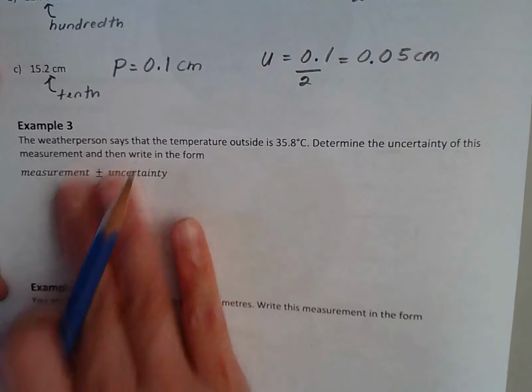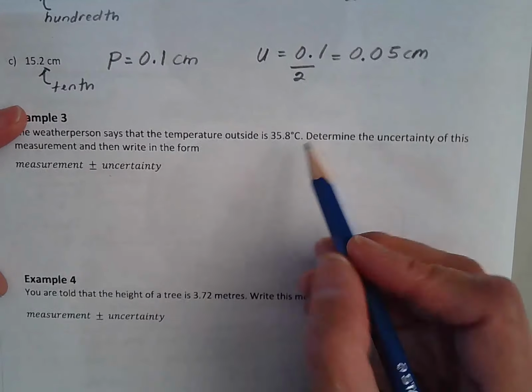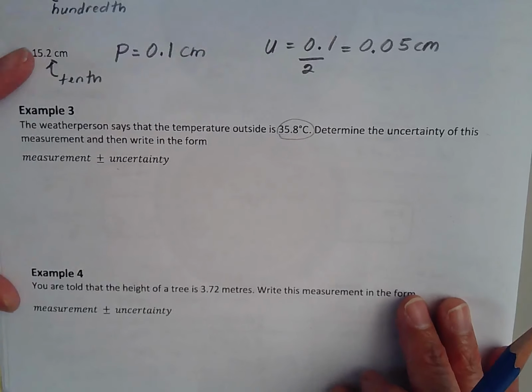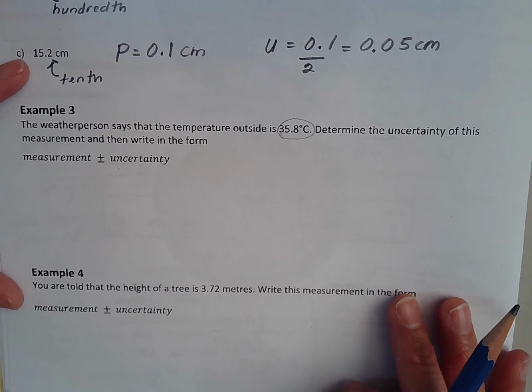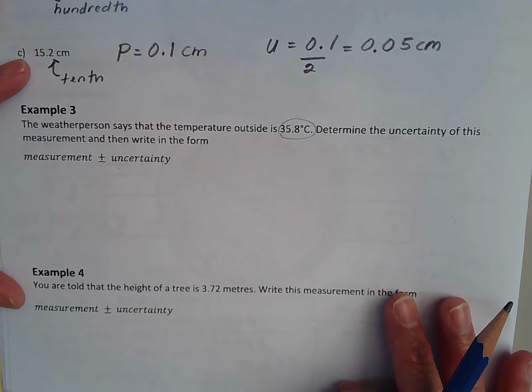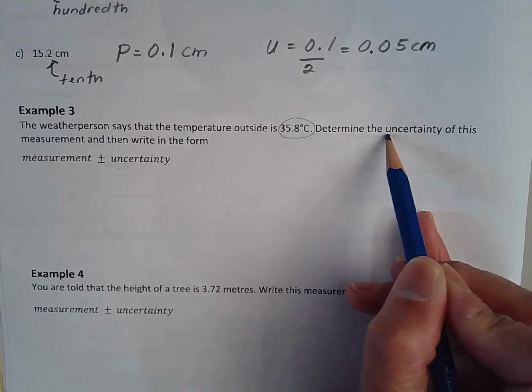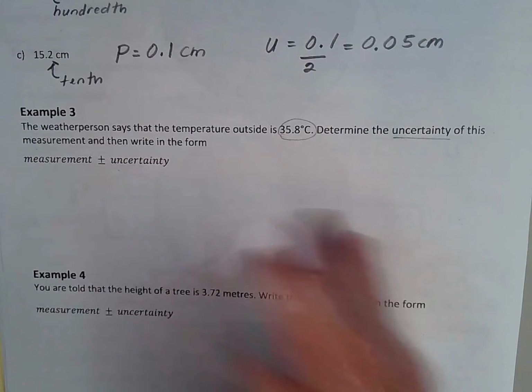So let's see here. The weather person says the temperature is 35.8 degrees Celsius. Oh, I wish it's like that, but it's probably minus in this case. Determine the uncertainty of this measurement and then write it in this form.